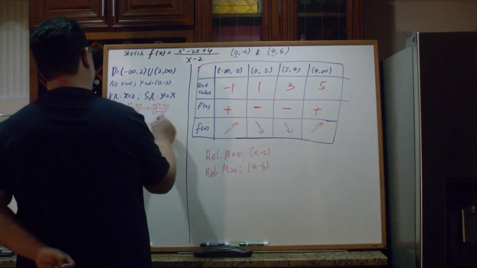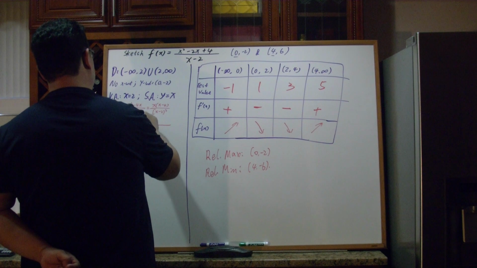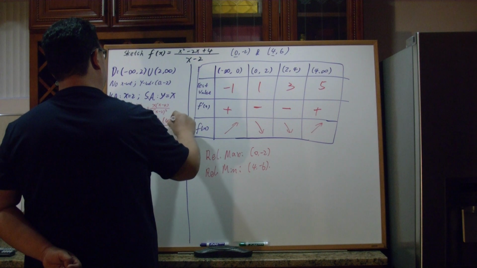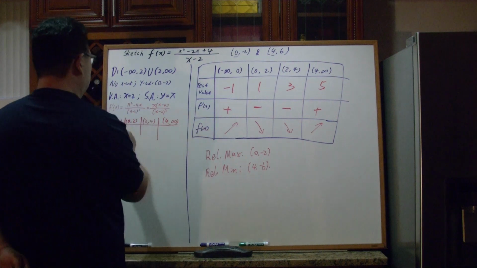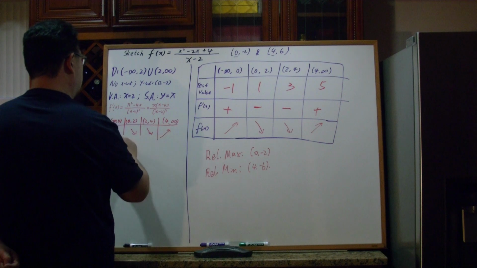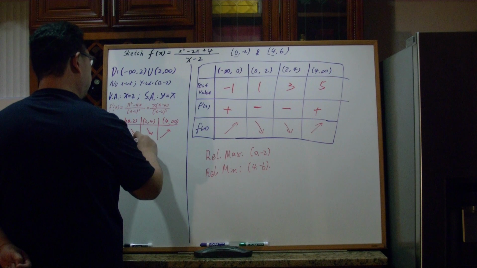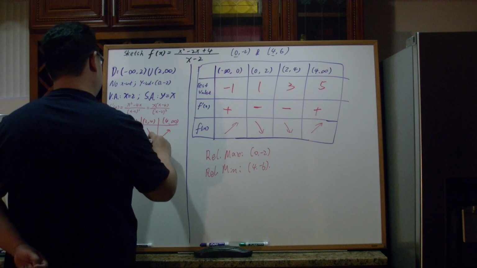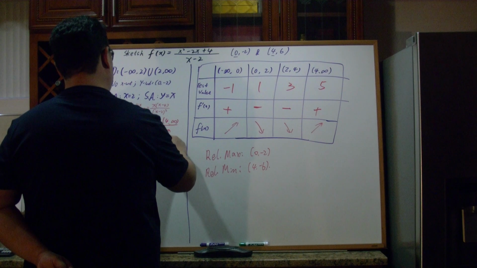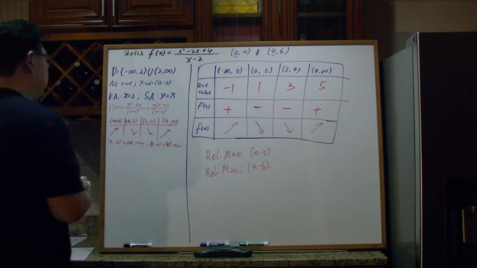Right, so we have from negative infinity to 0, from 0 to 2, to the 4, and 4 to infinity, that different pieces are increase, decrease, and also decrease, increase. 0, negative 2 is our relative maximum, and the 4, negative 6 is our relative minimum.